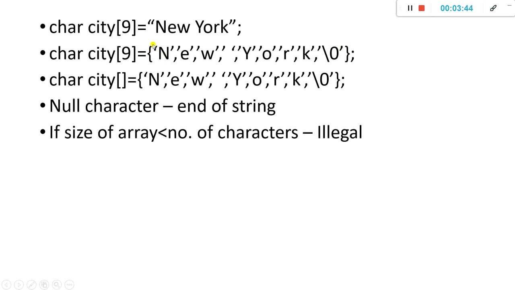So N, e, w, you can see here single quotes, then if there is a comma, again the next character is started with a single quote and ended with another one. Similarly like this till here, and here you can see a blank space which is also given in single quotes. That blank space is for this space that is separating New York. Okay, and all the rest of the characters, and finally you have the null character which is a \0, which is in single quotes. Okay.